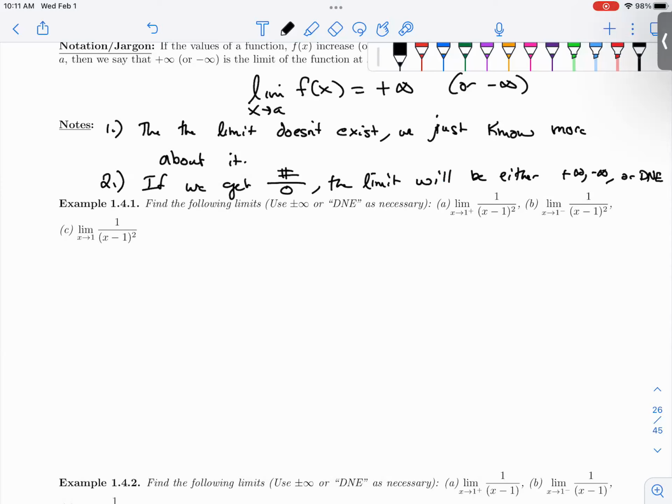There is a very, very formal way to figure out whether it's positive infinity, negative infinity, or DNE, and that's really nasty. There's a better way, an easier way, and that has to do with plugging in numbers close to it to figure out what sign you're going to get.